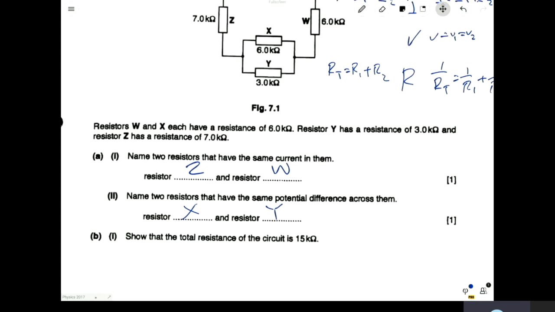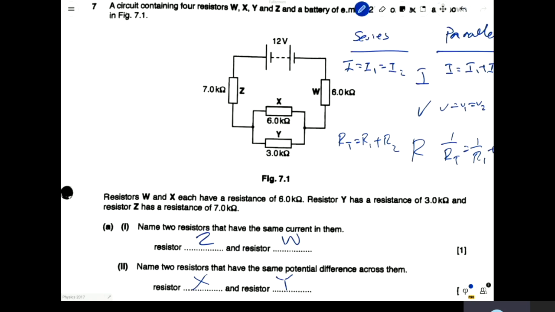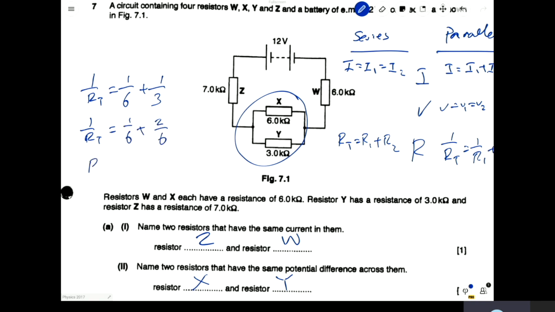So first we calculate this one. 1 over RT equals 1 over 6 plus 1 over 3. Combine them, this equals 3 over 6. So you have to inverse it. So RT equals 2. That means the total resistance here is 2 kilo ohm.